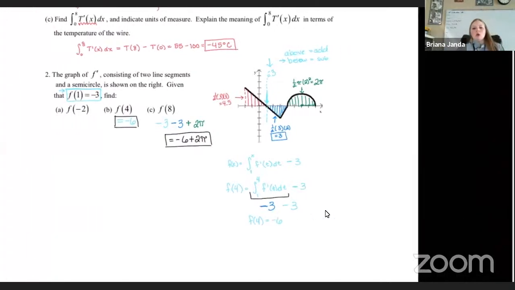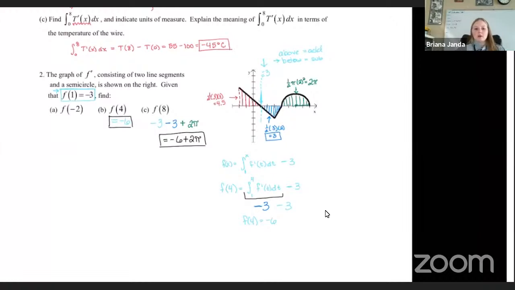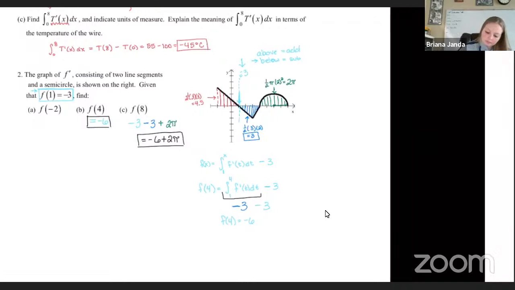Okay. So then the last part of it is that f of negative 2. And basically, again, I can go back to the calculus way of doing this, and that is if I were to look at the integral, or just plugging it into the function that I had written, my integral would go from 1 to negative 2.